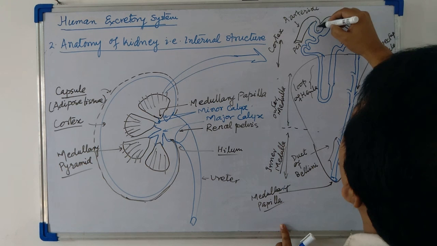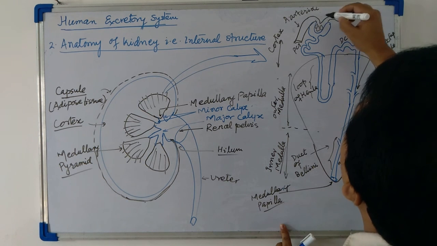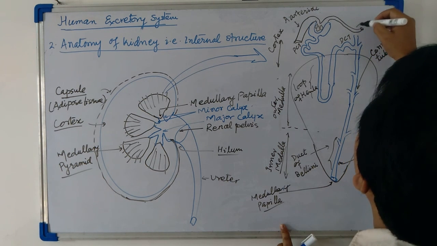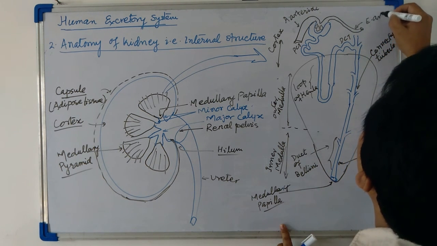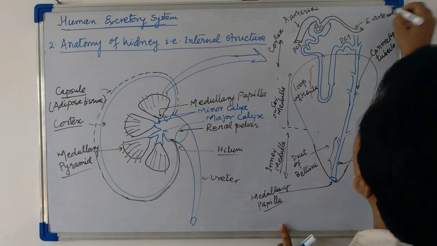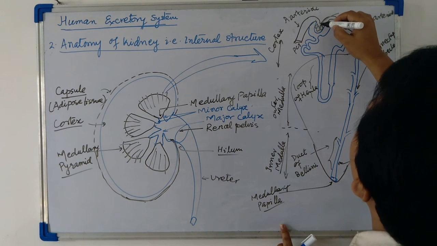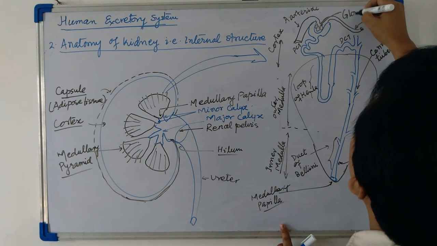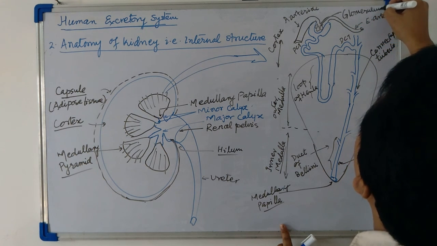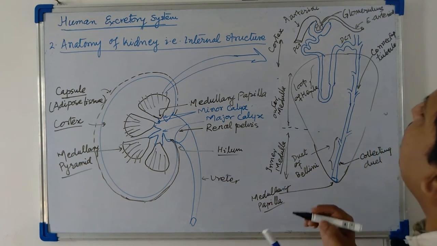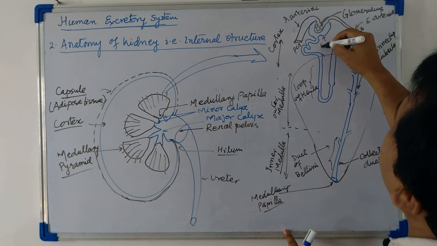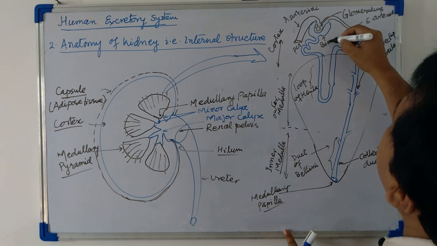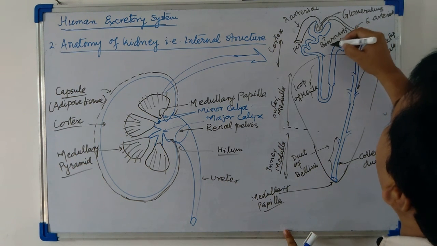It will bring the blood here in this glomerular region, and this is efferent arteriole, and this knot of blood vessels is termed as glomerulus. This is the knot of blood vessels, and this one is Bowman's capsule.